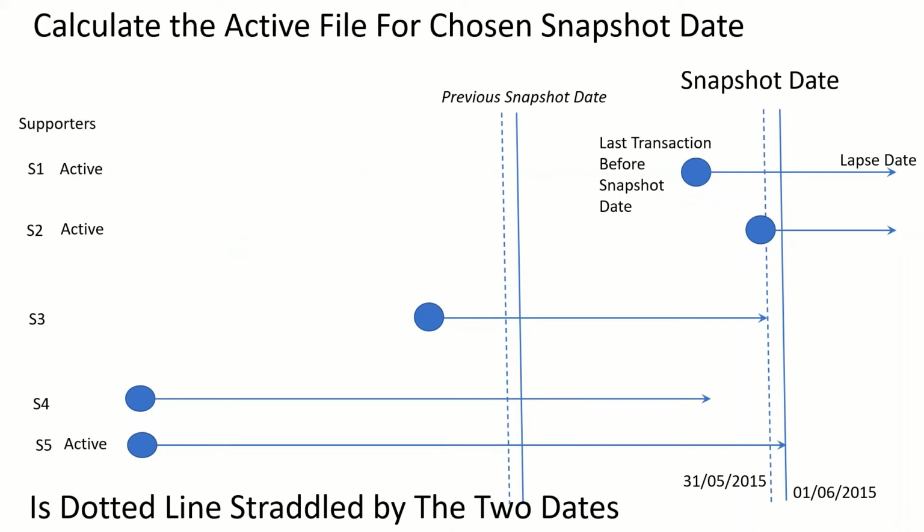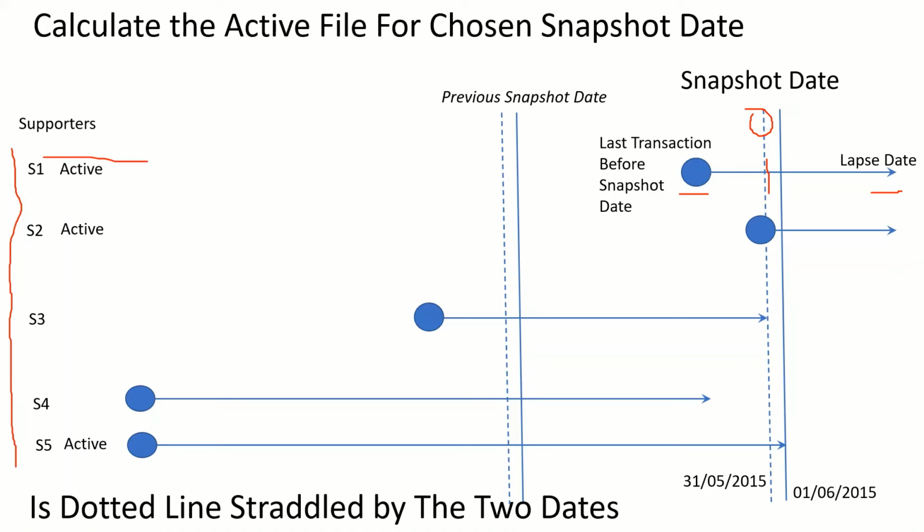And then, given a similar list of supporters shown down here, to flag those that were active at the snapshot date, the logic we can use is to say they were active if their transaction date and their lapse date straddled the dotted line.